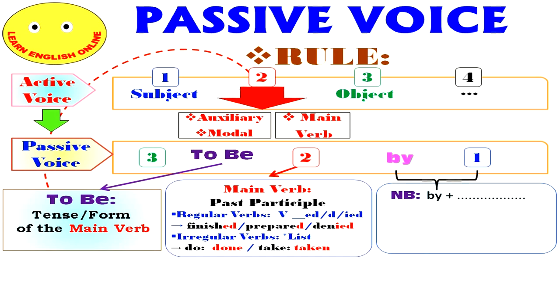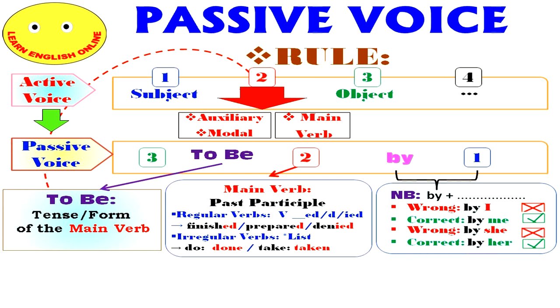If number 1 is a subject pronoun, there are some important things or changes you need to make. For example, if you have I, we can't say by I, but we say by me. If we have she, we cannot say by she, but we say by her.